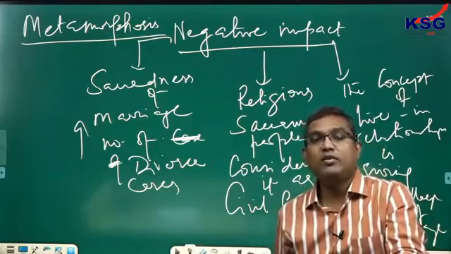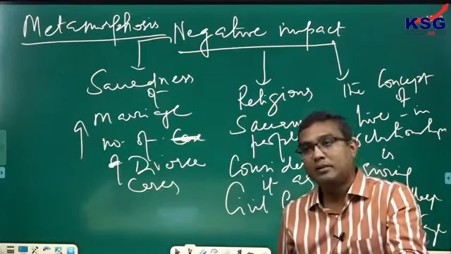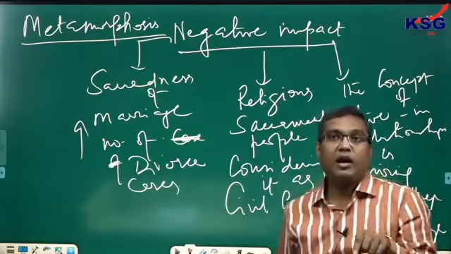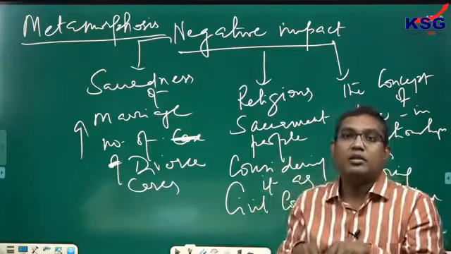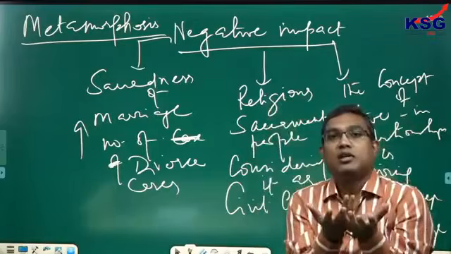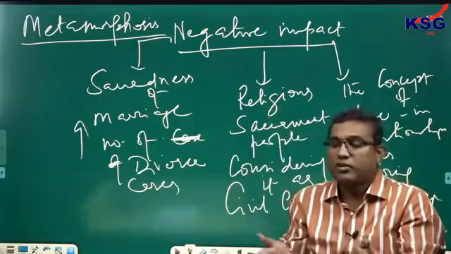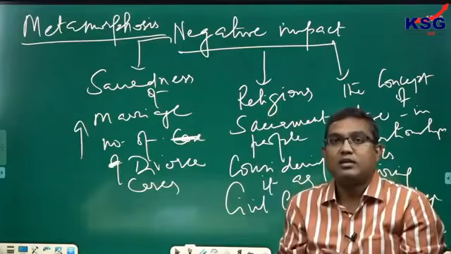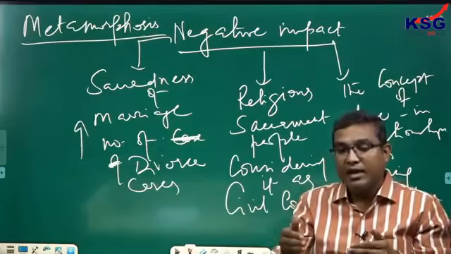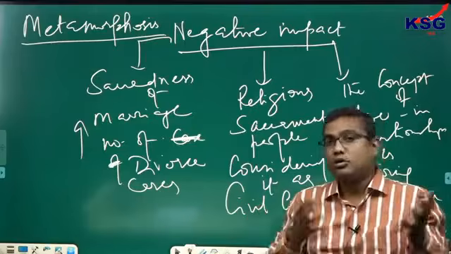Therefore, whatever change is coming in elite society in the West, the same is happening in the lower society also. But in India, the opposite happens. The elite society has a different social culture and has no connect with the masses. The elite society of India intentionally tries to make a distance. For example, you see Bollywood.